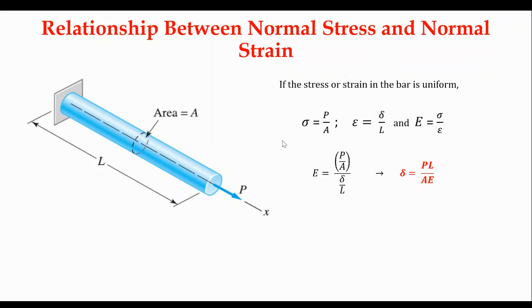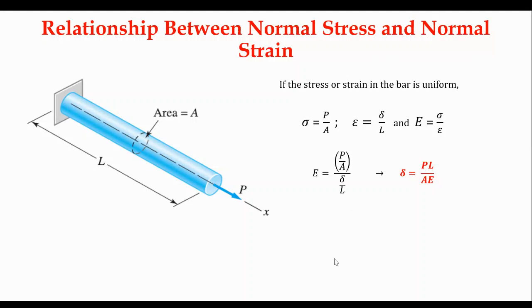These three we can actually combine so that we can arrive at this particular equation. Elasticity is stress over strain, stress is equal to force over area, and strain is equal to the deformation over length.